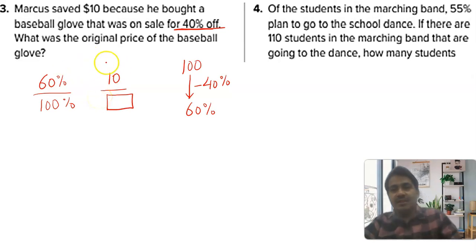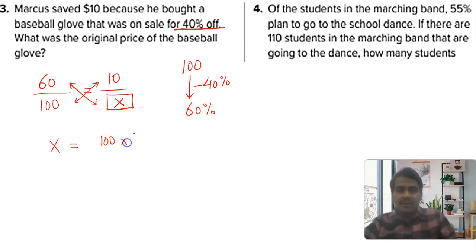Cross multiplication where we can take this as x. The percentage we don't require. We can remove the percentage because this is also percent and this is also percent. So x equals 100 times 10 over 60.